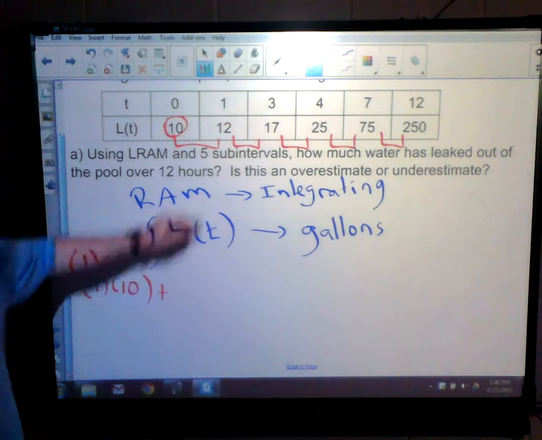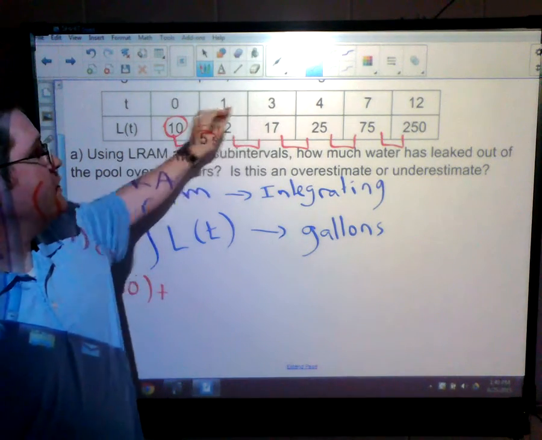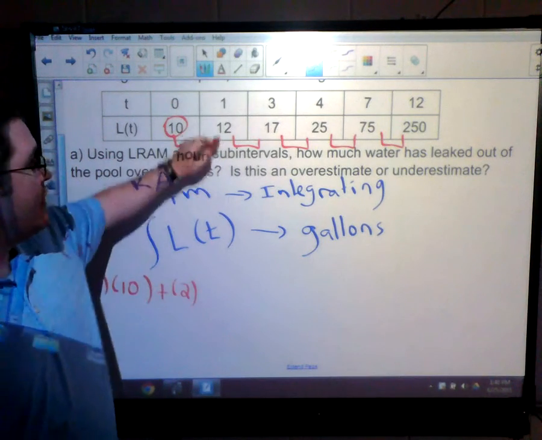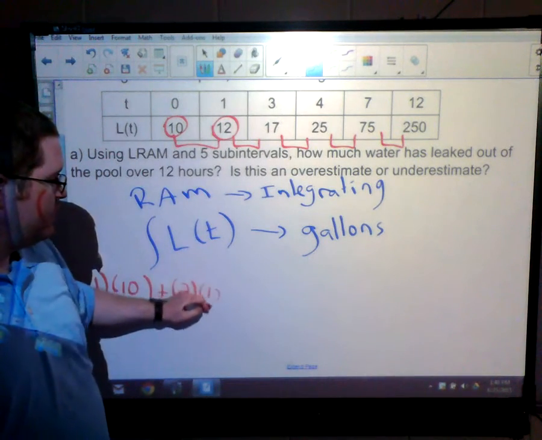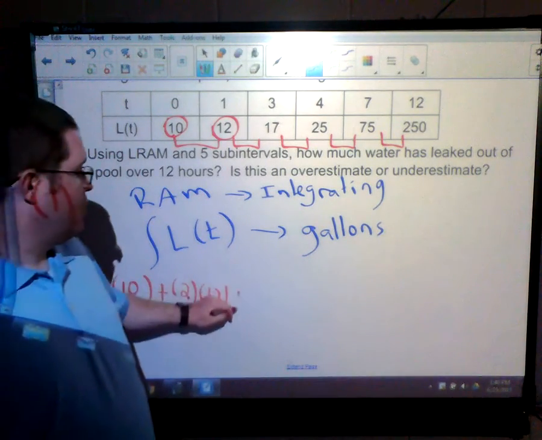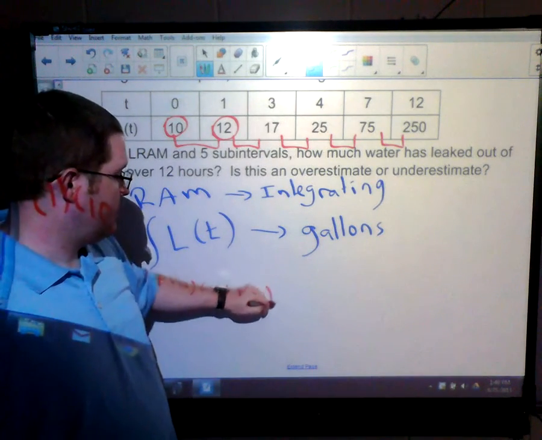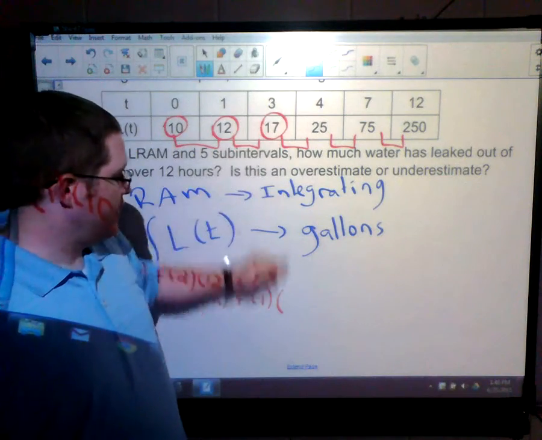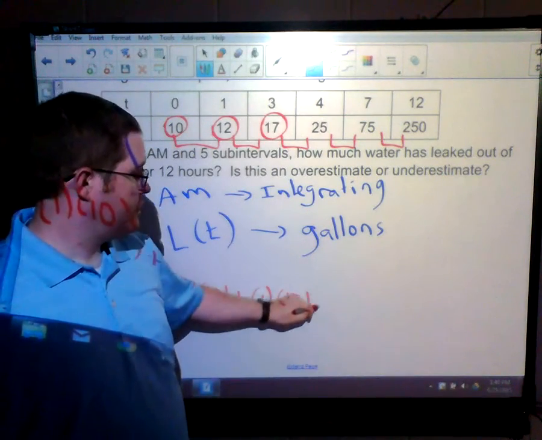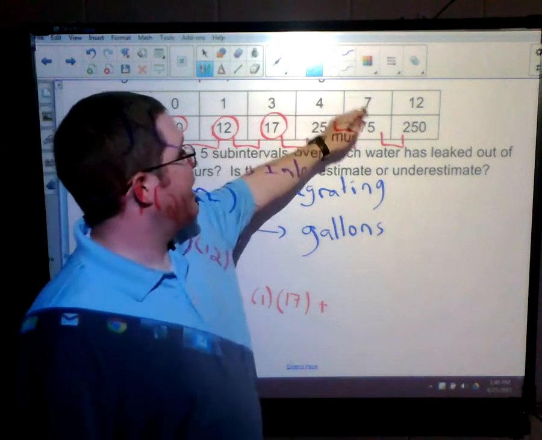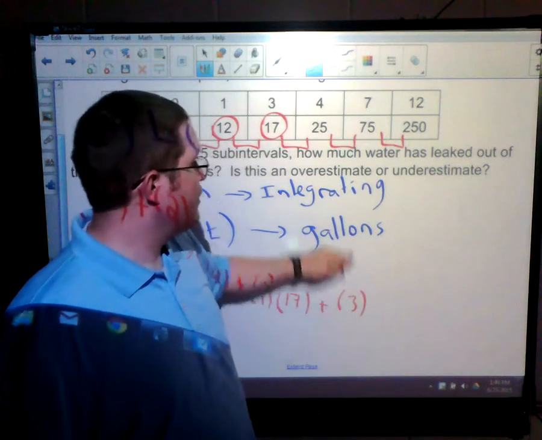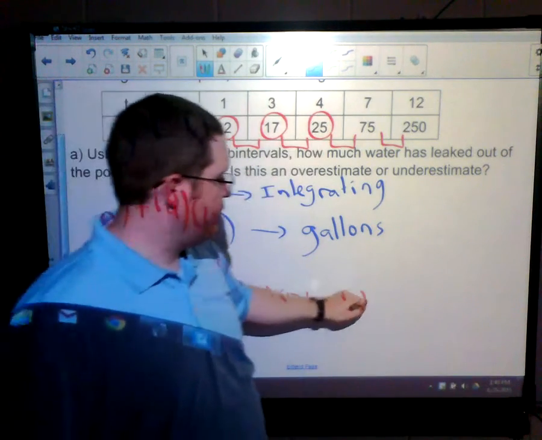Plus, the second rectangle has a base that is 2 and a left side that is 12. The third rectangle has a base that is 1 and a left side that's 17. The fourth rectangle has a base that is 3 across and a left side of 25.